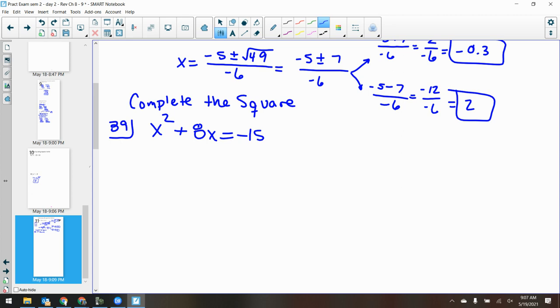So remember the process for completing the square. First step, variables to the left, constant to the right. Is that done? Yeah. Second step is leave a little room to fill in my blank. Now, does anybody remember what fills in the blank in this problem?